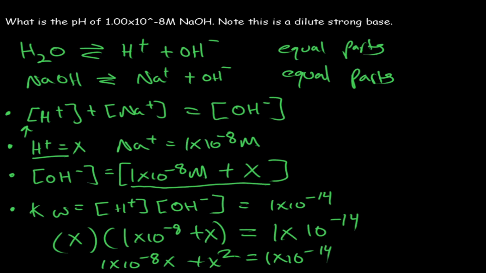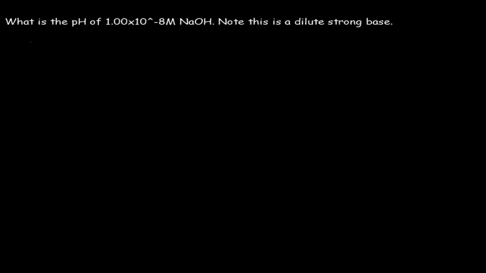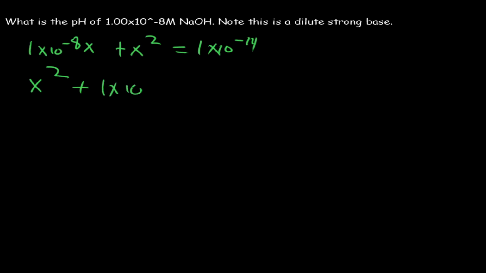And what we see here is that we can now use the quadratic formula to solve for x. The reason we're going to solve for x is that x is the concentration of our protons, and if we know our concentration of protons, we can calculate the pH. So our equation was 1 times 10 to the negative 8th x plus x squared is going to equal 1 times 10 to the negative 14. Let's first rearrange this equation: x squared plus 1 times 10 to the negative 8th x minus 1 times 10 to the negative 14, all equal to 0.